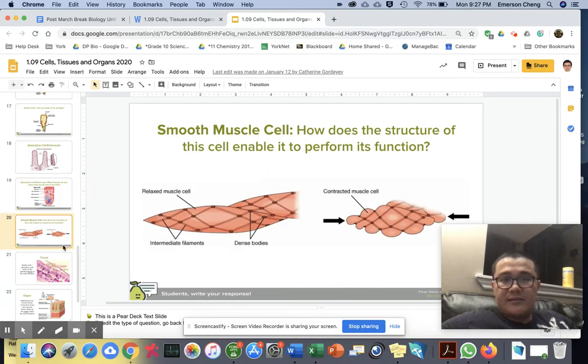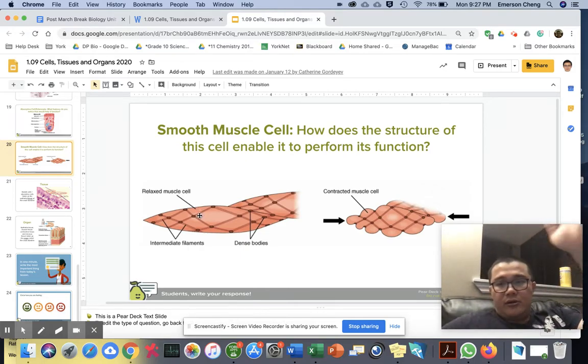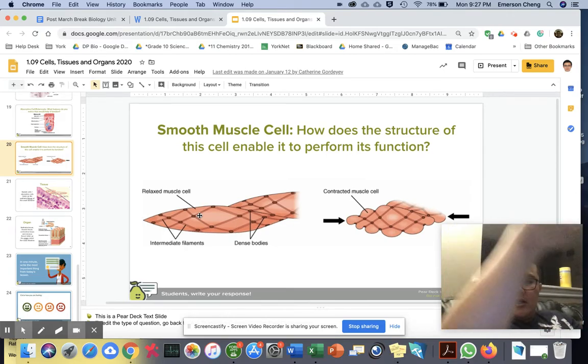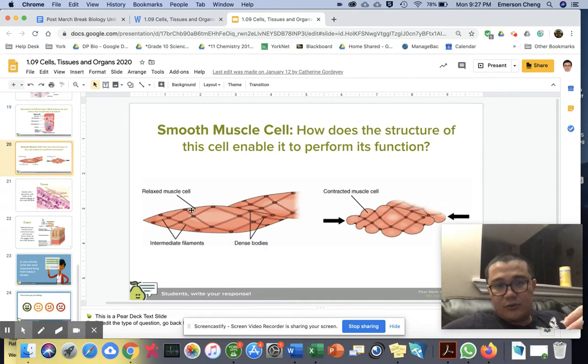Last but not least, the smooth muscle cell. How does the structure of this tissue enable it to perform its function? You know, with muscle cells, you can relax them, and you can also tense them up. In this case, when the muscle cells relax, they loosen up like this, but when tense, you notice all these intermediate filaments tense up together.